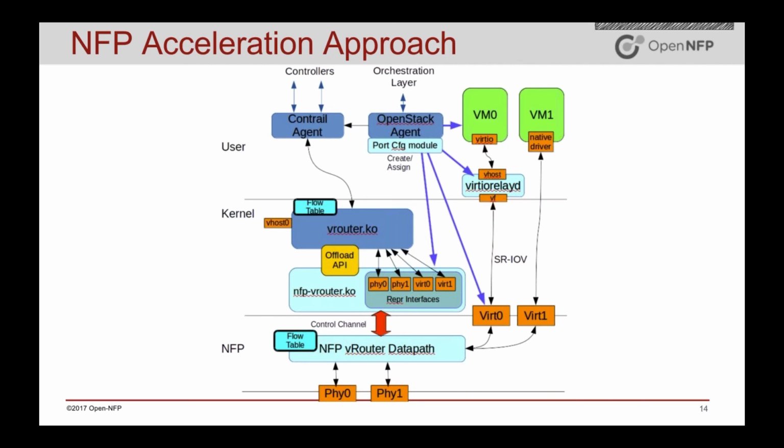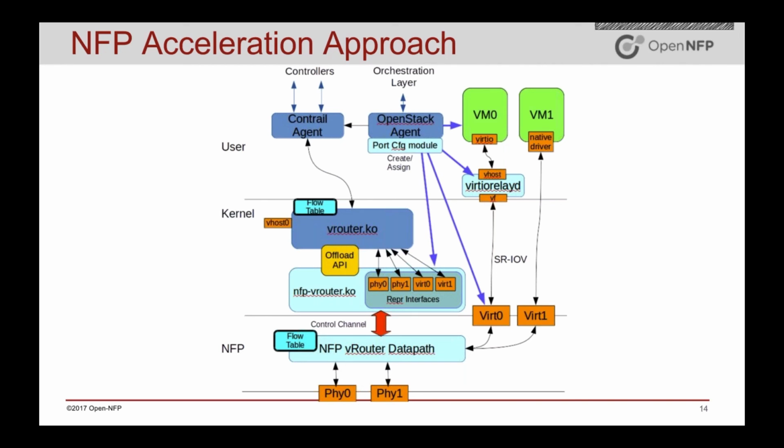I talked about most of the components in here already, but just the ones to take note of. At the bottom now we have this offloaded vRouter data path, and this we hope is going to handle most of the traffic going through the system.